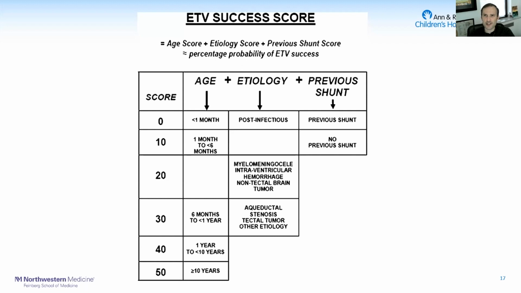Mostly it's the post-infectious. If I have a kid who had a bad meningitis and has hydrocephalus as a result, those, as you can see on the ETV success score, those post-infectious hydrocephalus cases are really not going to work very well. And that's because the infection affects the brain at the most distal portion of the CSF pathway.